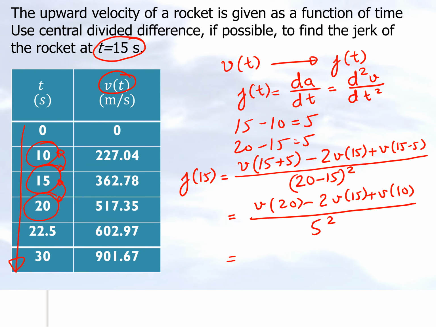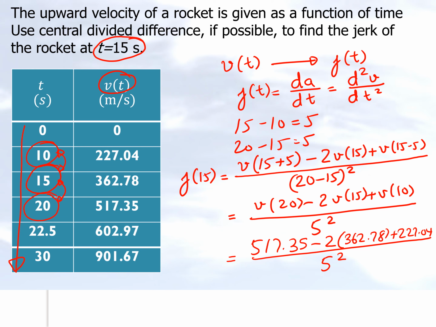So what do we get from here? Velocity at 20 is 517.35, minus 2 times the velocity at 15, which is 362.78, plus the velocity at 10, which is 227.04, and we divide it by 5 squared.